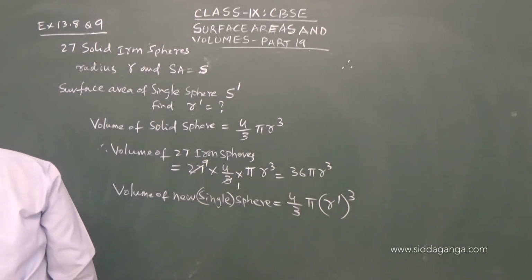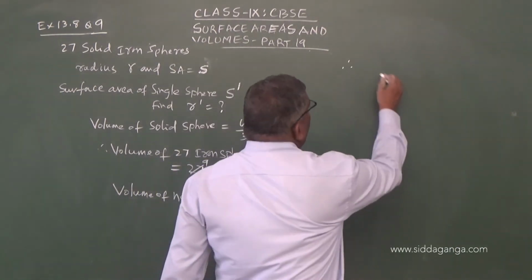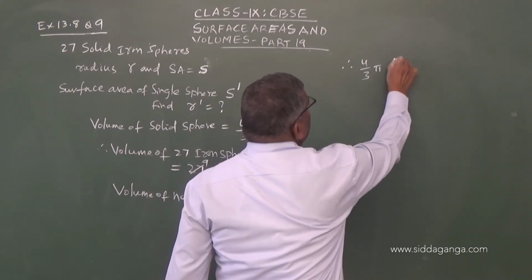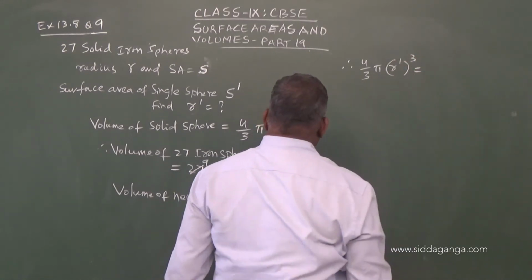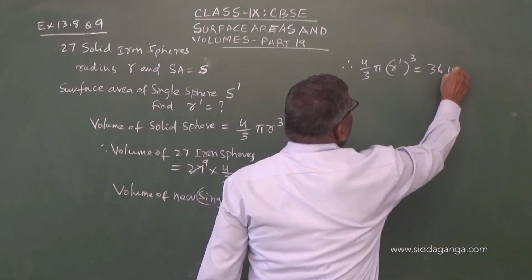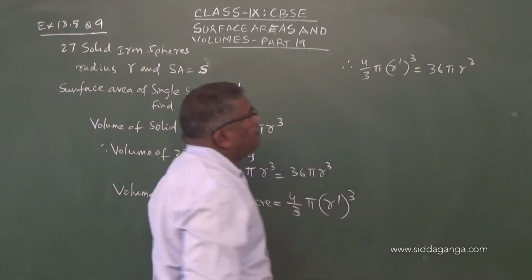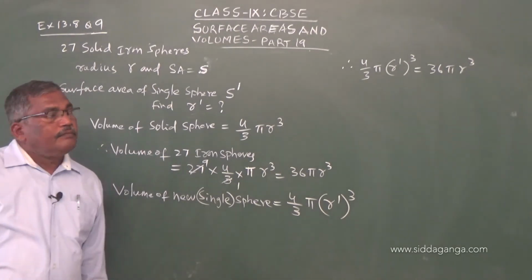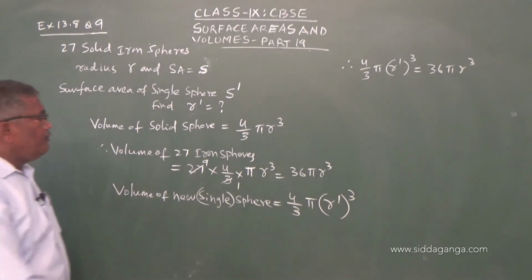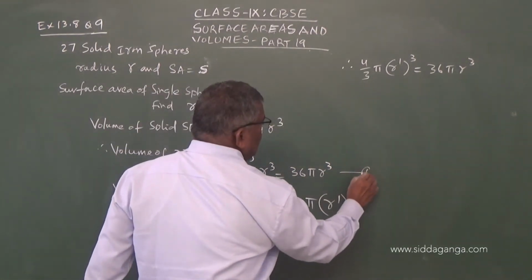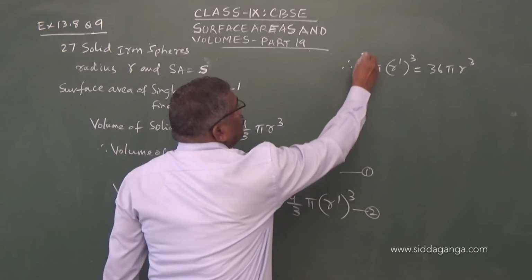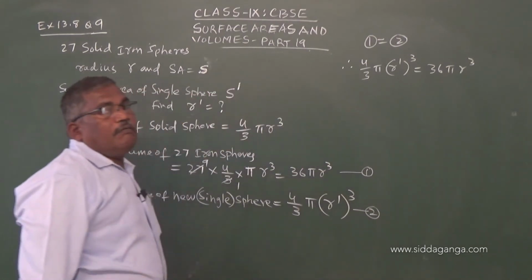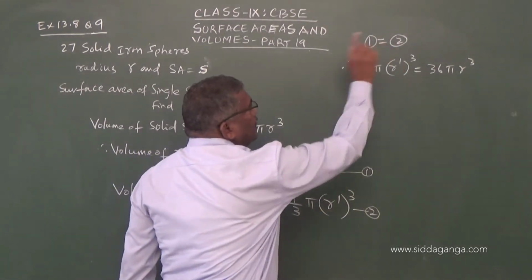Therefore 4 by 3 pi r dash cube must be equal to 36 pi r cube. This is the first relation, this is 1 and this is 2. So equation 1 should be equal to 2 because volume of 27 balls must be equal to volume of the single big sphere.